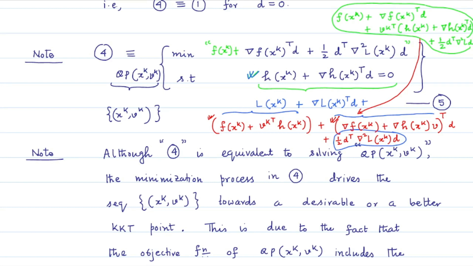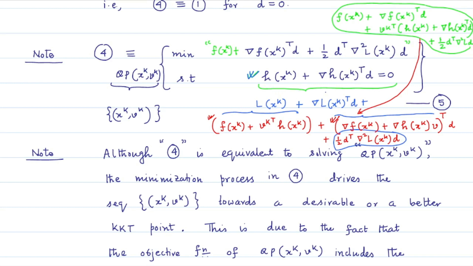Similarly, when we have inequality constraints, we will have a straightforward extension: a quadratic programming problem dependent on xk, uk, vk. Vk is associated with the equality constraints, and uk, the Lagrange multipliers, are associated with the inequality constraints. In the constraints, you will have not only linearization of the equality constraints, but also linearization of the inequality constraints.